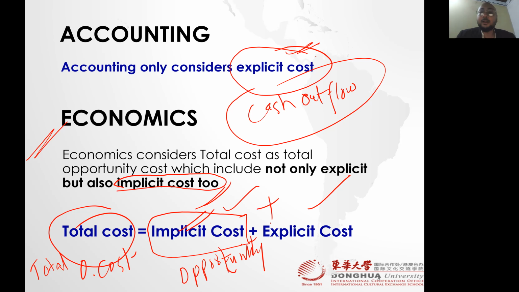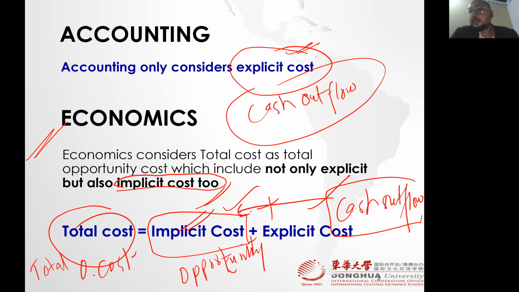Implicit cost does not involve cash outflow, which means actual cash is not spent. It is just for decision making, which means lost opportunity, foregone income, this kind of stuff.